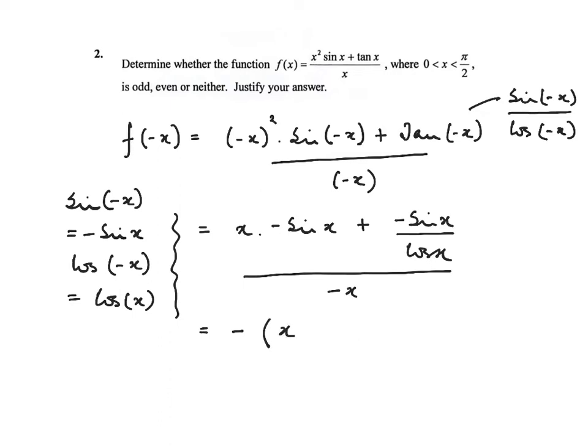That gives me x squared sine x plus, well, I can take out that minus there, that just leaves me with tan x, over minus x on the bottom. The negatives cancel, and lo and behold, I have the original function again.